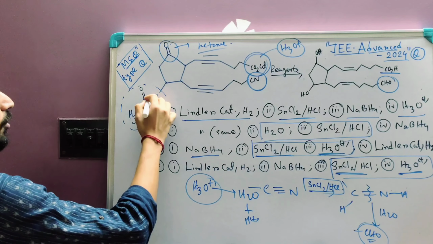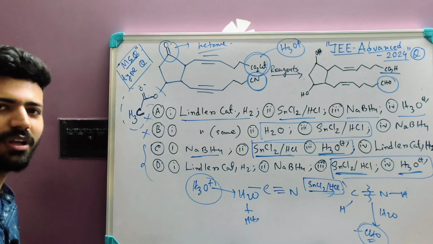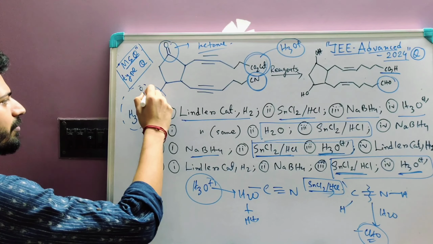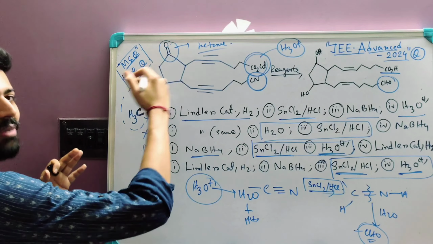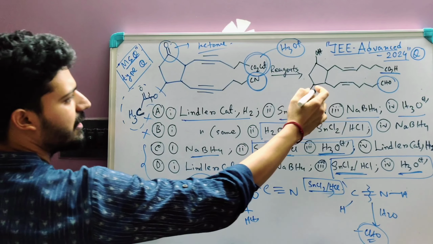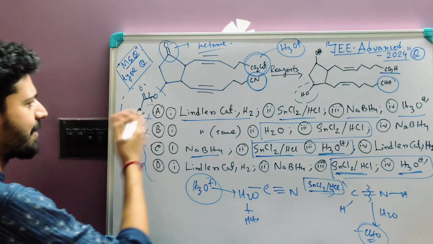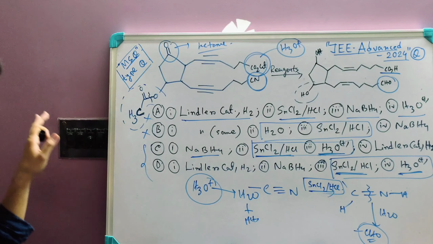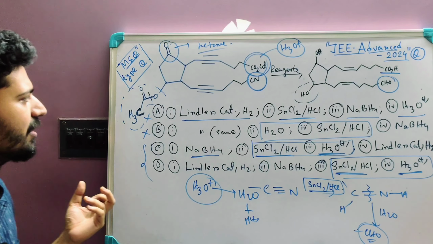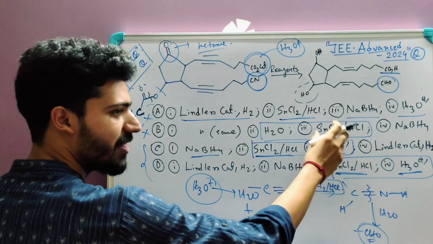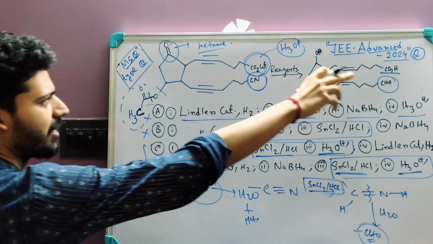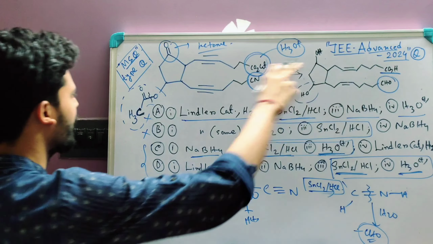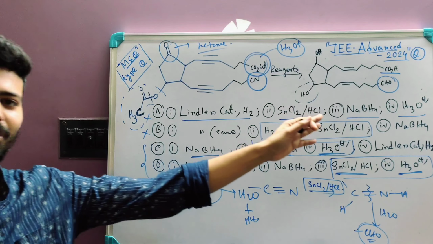This is the acyl bond, and when H3O+ is used, this acyl bond normally breaks, and this right part remains as alcohol. The left fragment goes out as the carboxylic acid. So H3O+ is a very important reagent here. It converts CN to CHO, COOEt to COOH, and this ester part to alcohol.